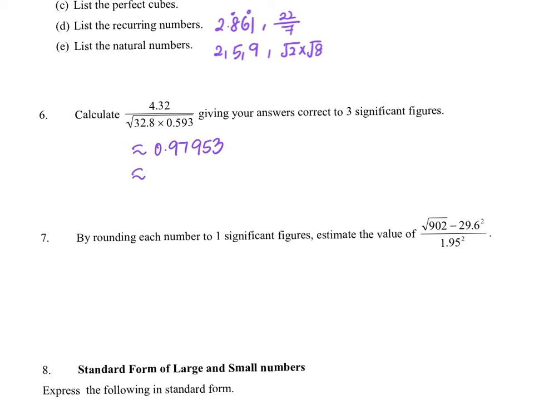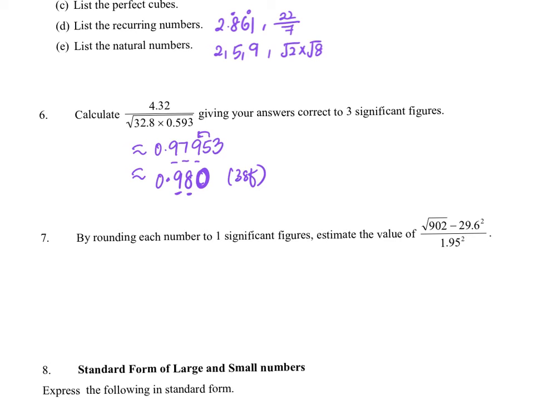Then round off to 3 DP. The first non-zero figure 1, 2, 3, 8. What happens now? Becomes 8. So 0.98. If I write 0.98, is it 3 SF? No, the first SF starts from 98. So at the back, I need to write a 0. So this is 3 SF. Next question.